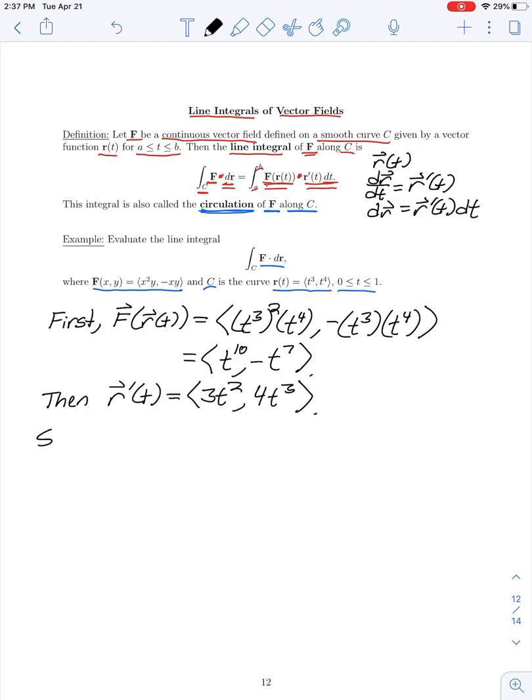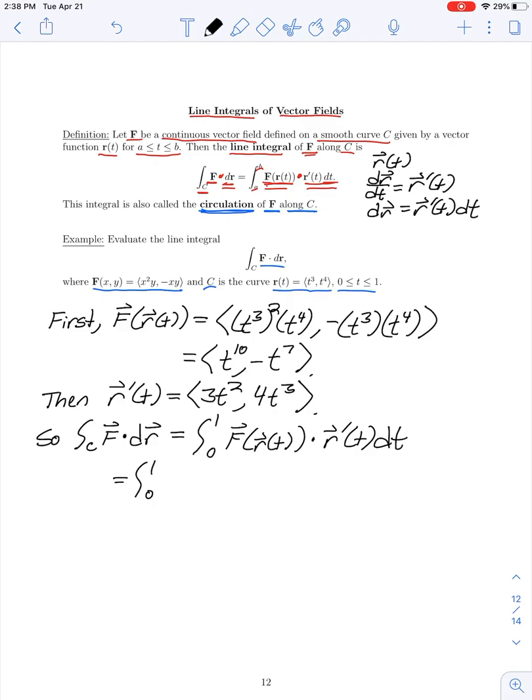So in order to evaluate this circulation, that is the line integral of f over the curve r, we would integrate with respect to t over our t interval, in this case from 0 to 1, as given in the problem statement. And we're taking f of r of t dot r prime of t dt.